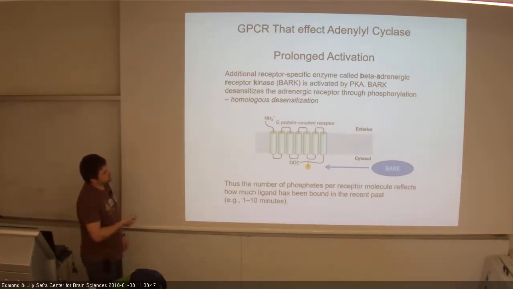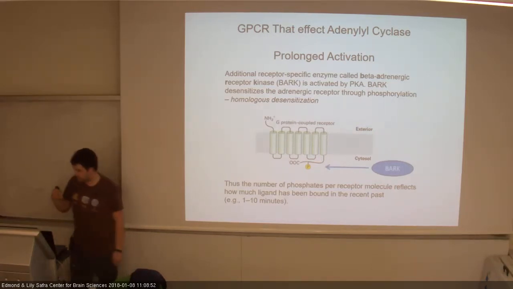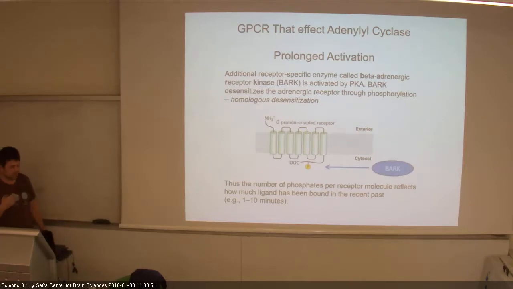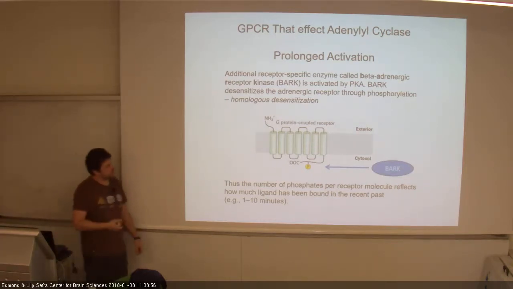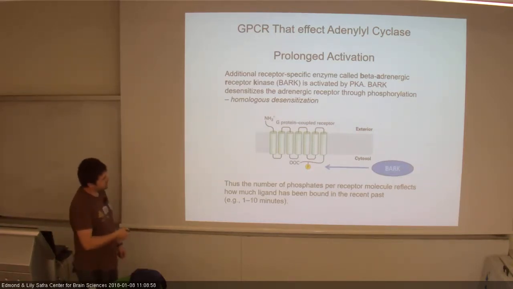So this phosphorylation does two things. First, it acts as a time constant keeper for this response, meaning that this phosphate will stay on the protein for about 1 to 10 minutes. If the response decayed, this phosphate will eventually be removed, and then the receptor will return to its normal sensitivity.